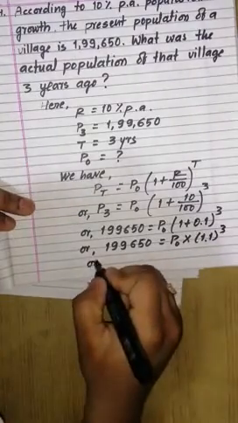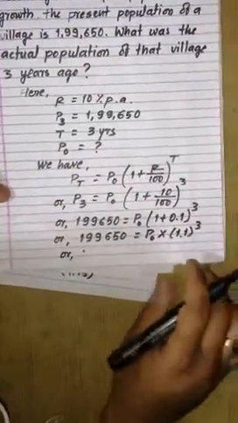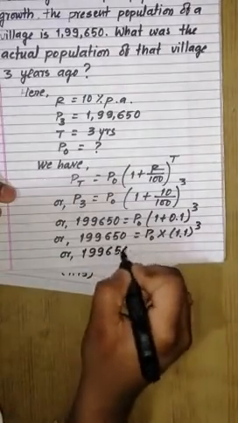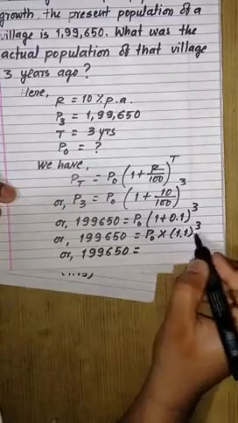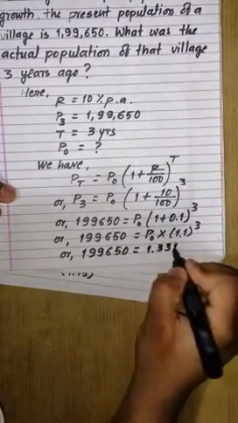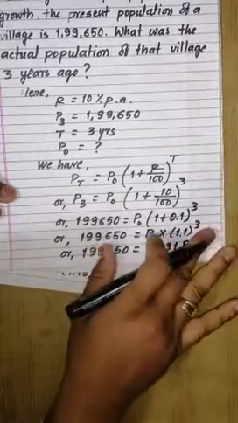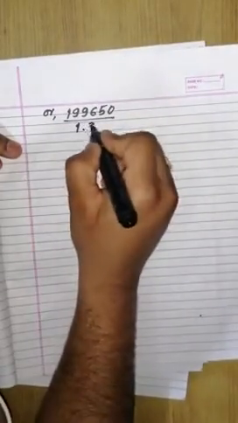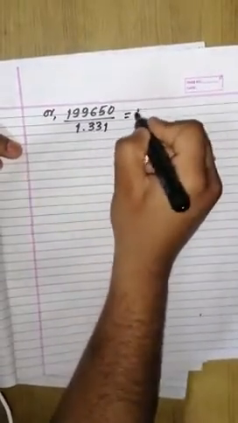So 1,99,650 equals, when you work out this power, you will get 1.331 P0. So now 1,99,650 divided by 1.331 equals P0.